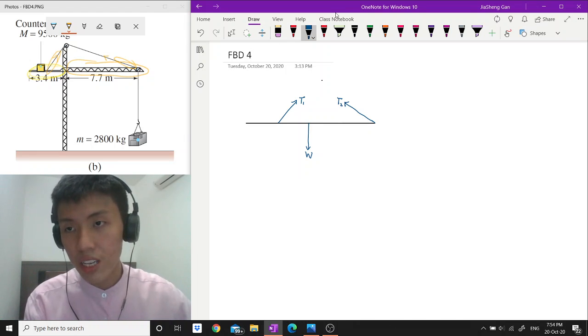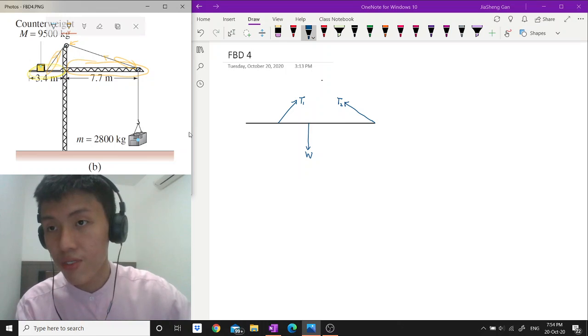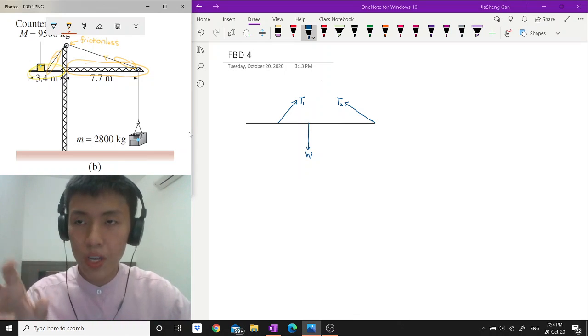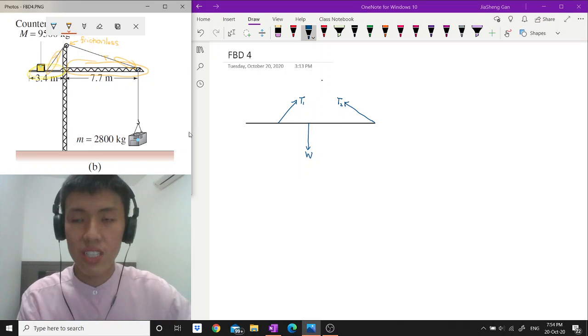So if this pulley right here is a frictionless pulley, it means the wheel is not rotating, it's just a frictionless pulley. There's no wheel in there.